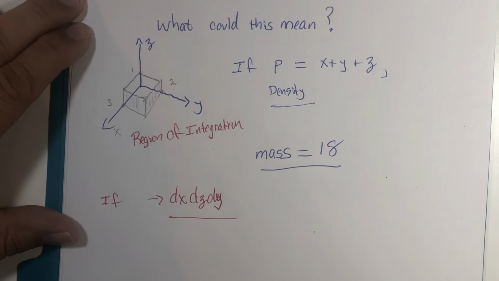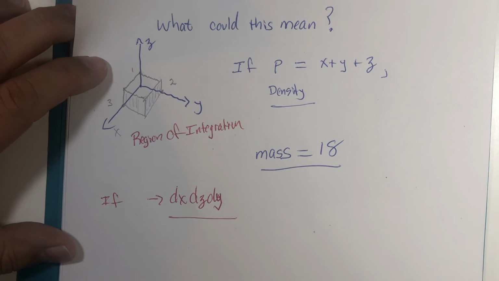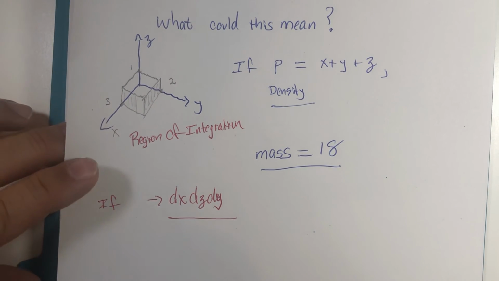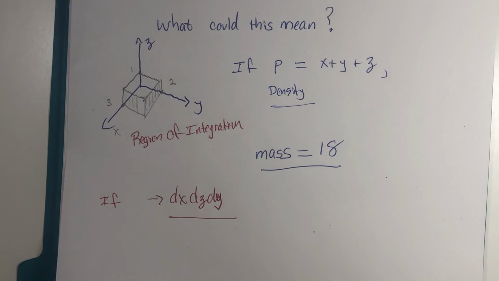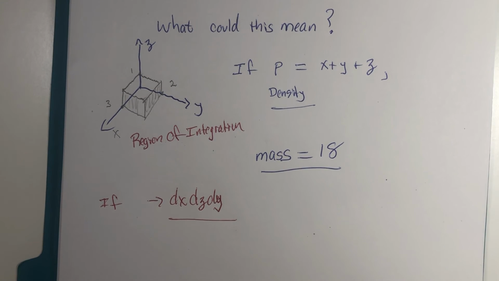Dx, dz, dy. So I want you to hit pause and see if you can switch that order of integration and also evaluate it. So you should be paused for a few minutes here. And then what I'm going to do for you is show you that worked out after you come back from the pause.